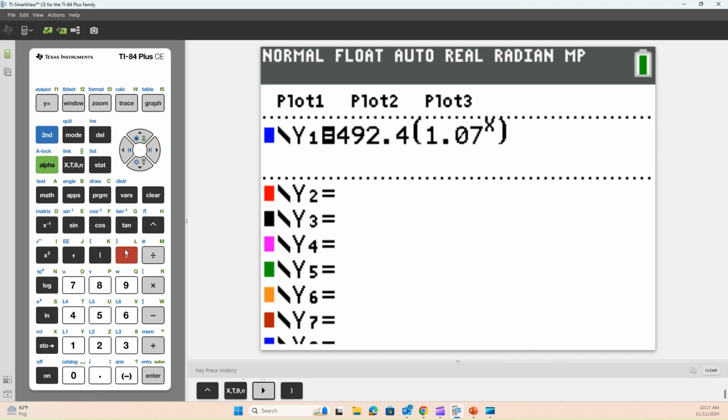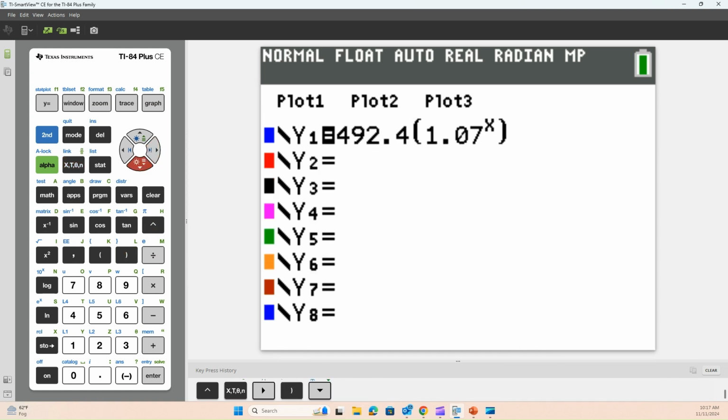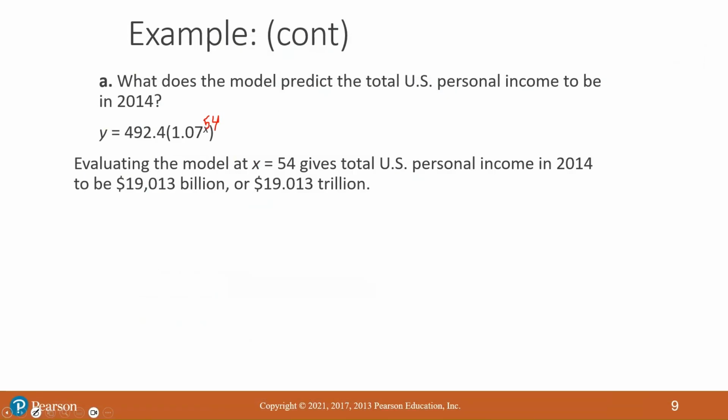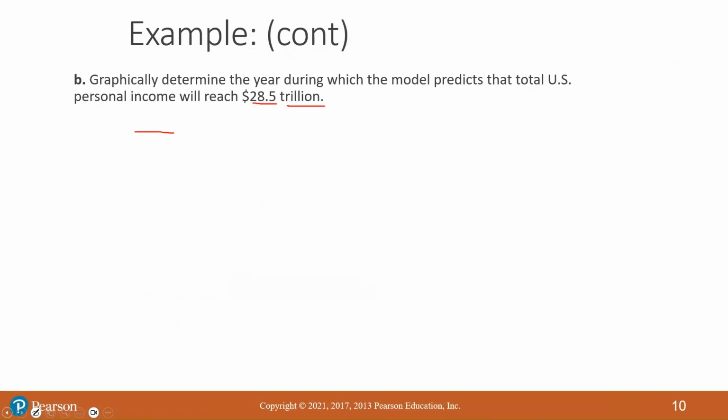Okay. And then in Y2, like I said, we're going to put in our 28,500.